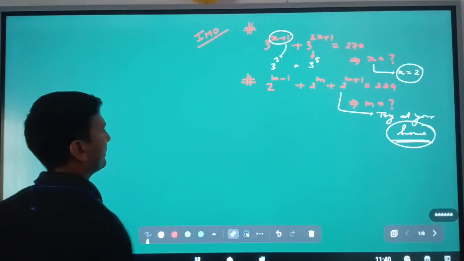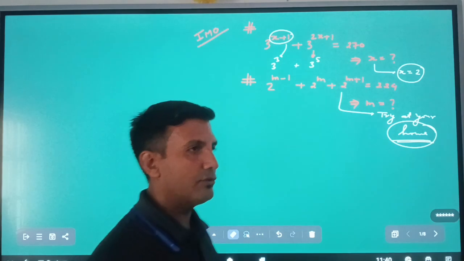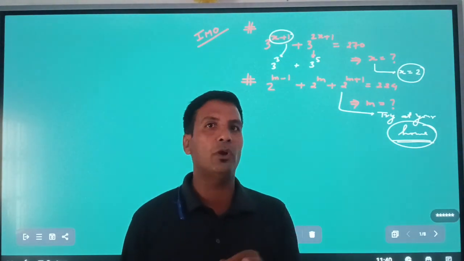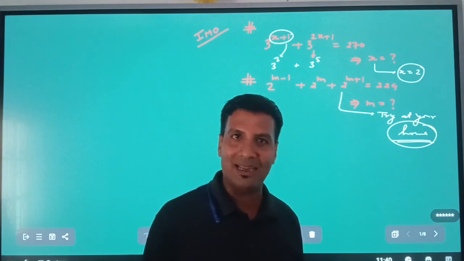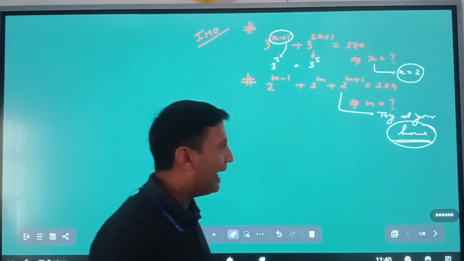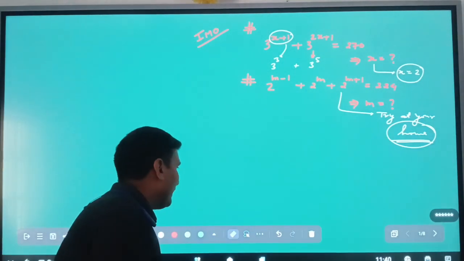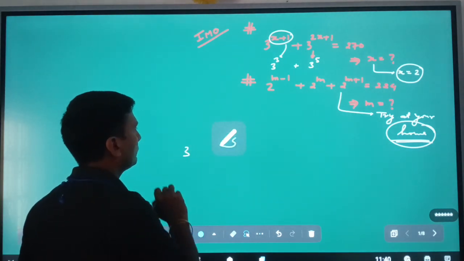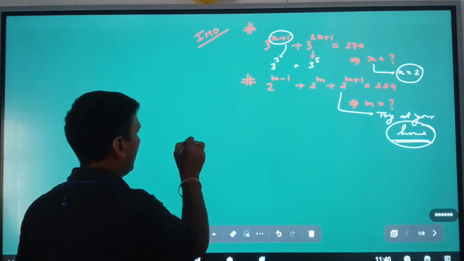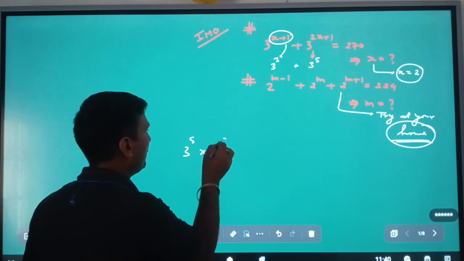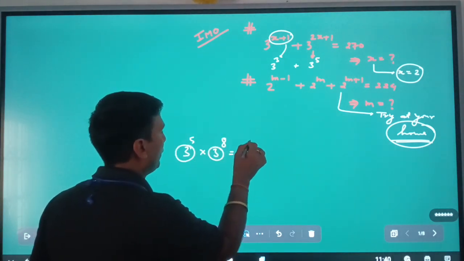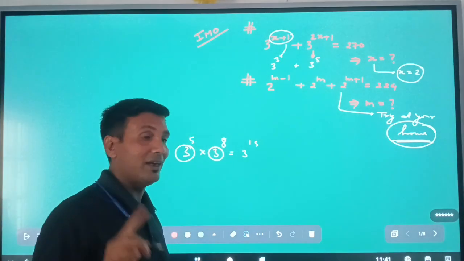What are indices? Indices are the powers on any particular number and they say how many times that number has been multiplied with itself. Similarly, if we have the same bases, like 3 raised to the power 5 into 3 raised to the power 8, the powers will be added, that will be equal to 3 raised to the power 13, as you might have studied.